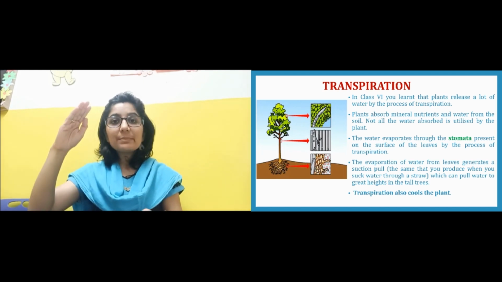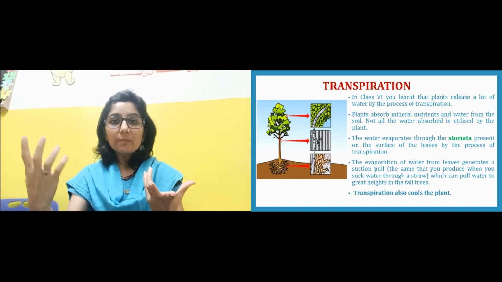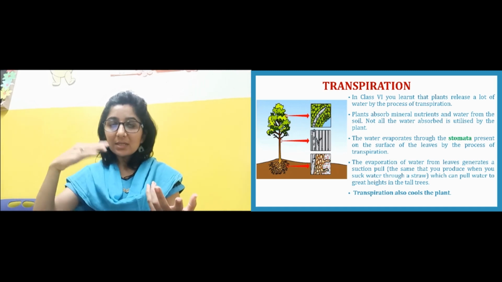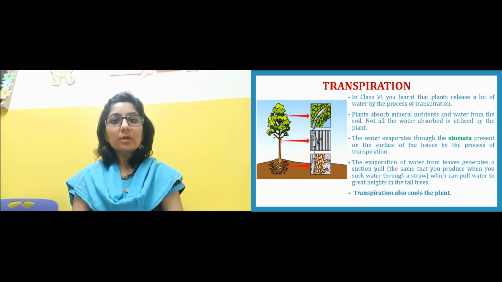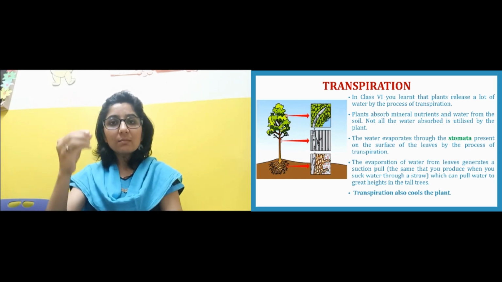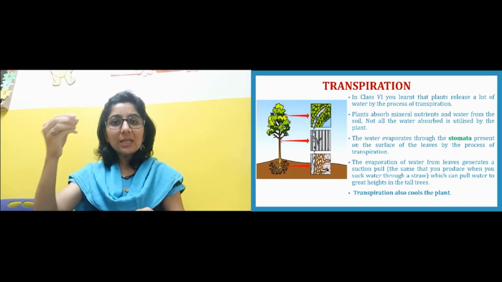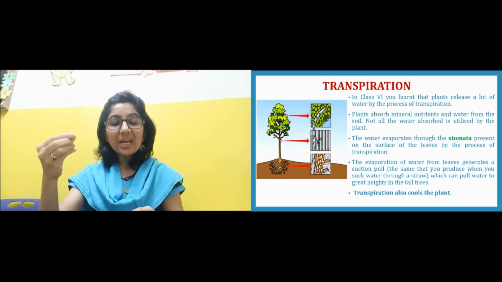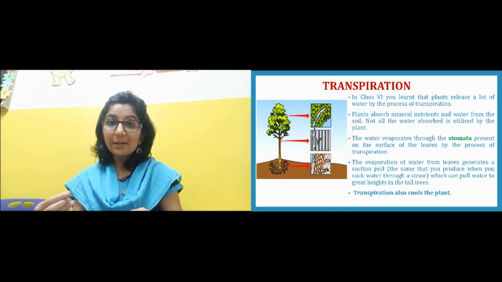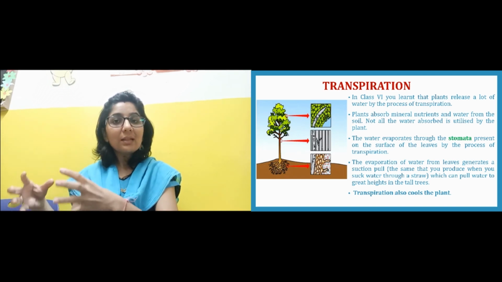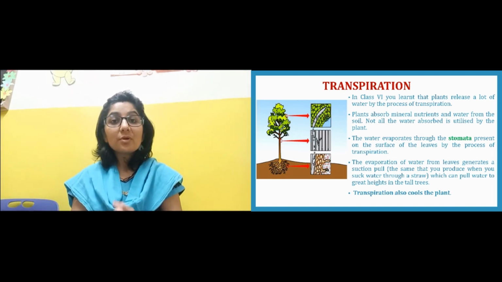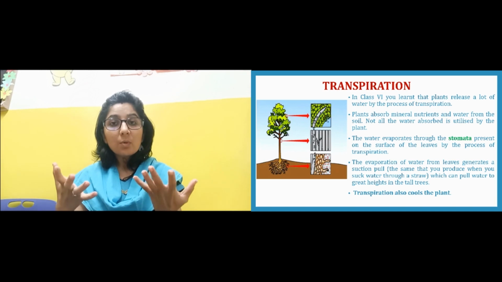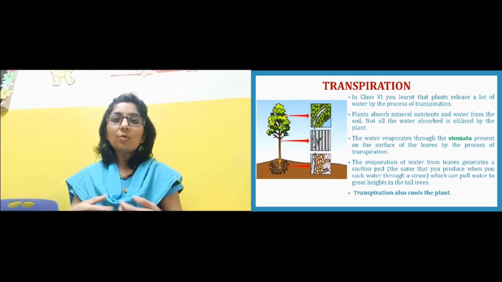When water evaporates from the stomata, that pulls the water. That pull comes through the leaf, through the stem, through the root, to the root hair, and then the root hair again takes water from the soil and it goes up. So transpiration helps the plant to take more and more water.